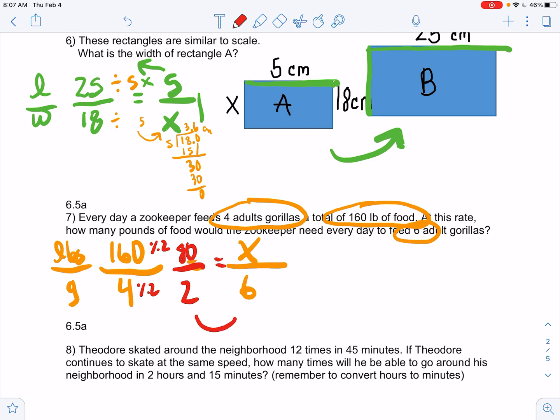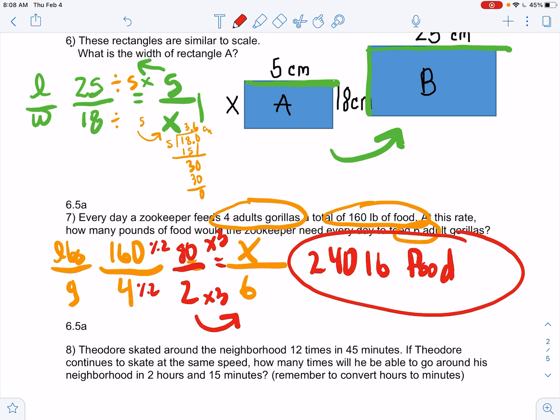Now, 2 times what is 6? 2 times 3. So 80 times 3 is 240 pounds of food will be needed to feed your 6 gorillas.